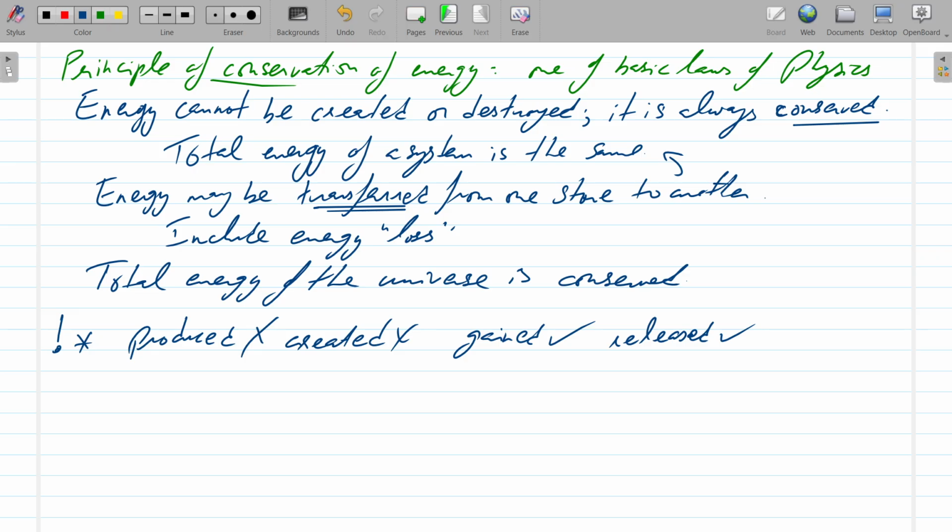Then on this topic, they give examples again of how energy is conserved.